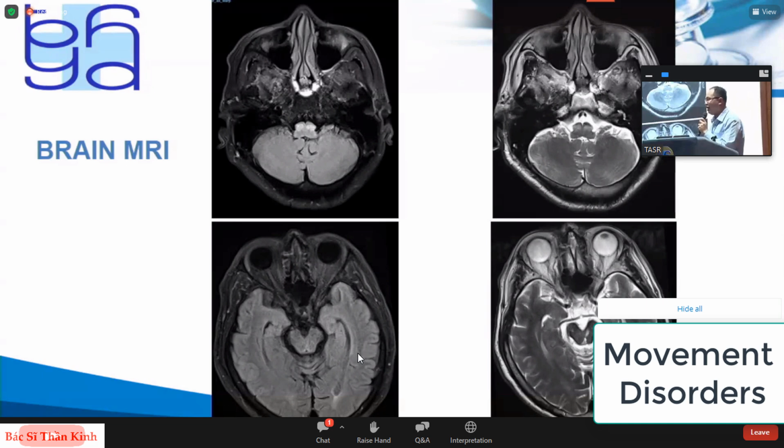Can you tell me what you think about this imaging? What's the abnormality in this MRI? Which structure is that? Yes, so it is the bilateral inferior olivary hyperintensity in FLAIR and T2 imaging without gadolinium enhancement.